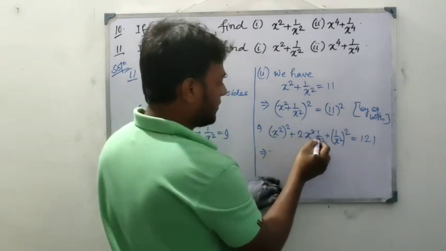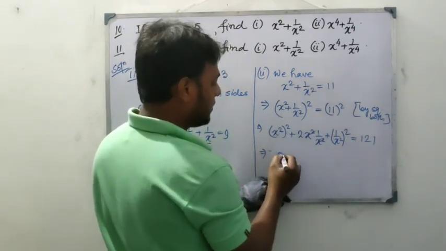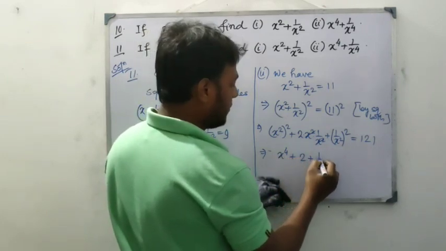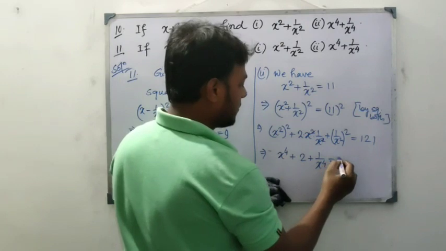Here again x square cancels out. So x square squared will be x to the power 4, plus 2, plus 1 by x to the power 4 equals 121.